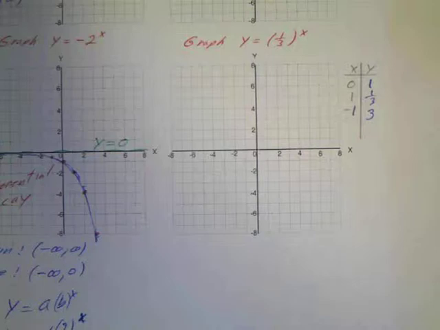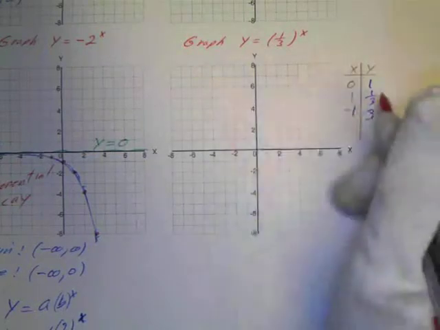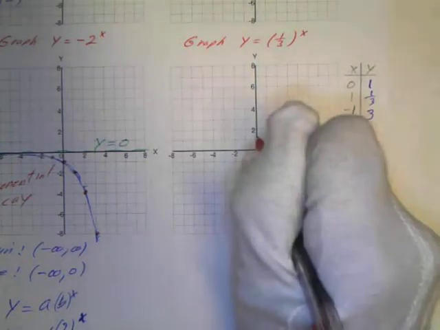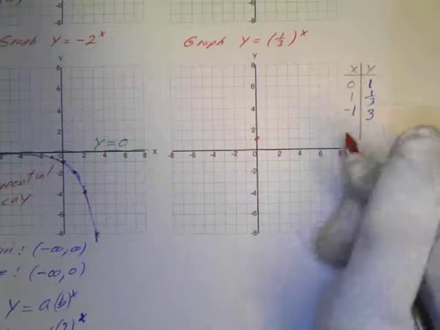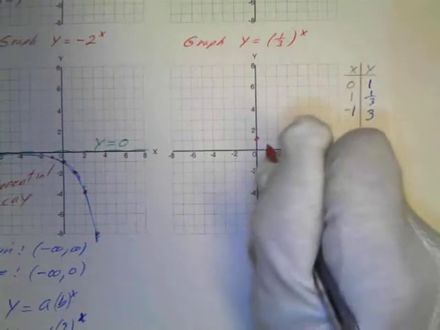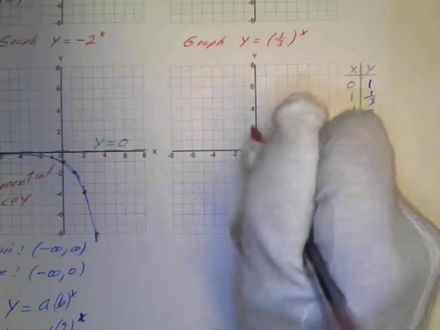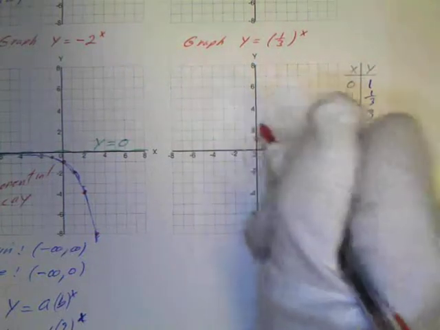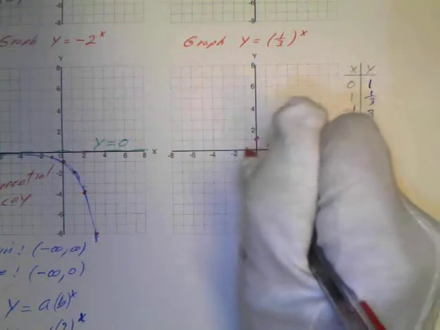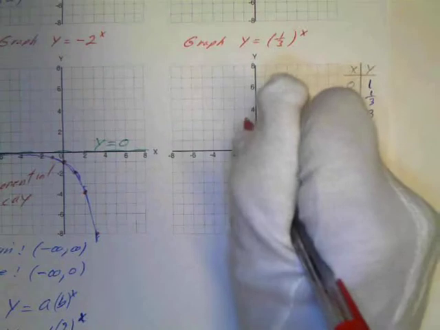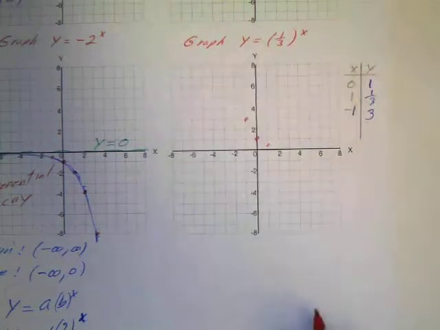All right, so I put these points in. 0, 1. 1, 1/3. And negative 1, 3. There we go. That'll give you a contour of what's going on.